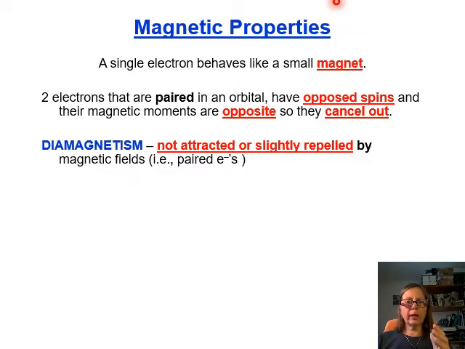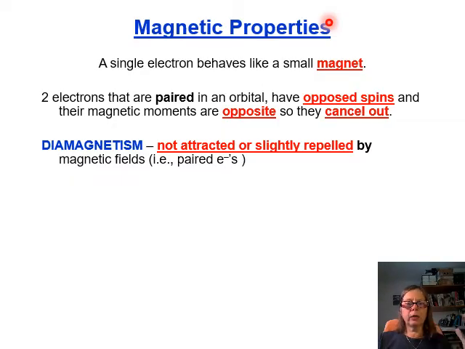Recall as well that we give electrons spin numbers and that an orbital can contain up to 2 electrons, but they have opposite spin numbers. In other words, the 2 electrons spin in opposite directions. Thus, the small magnetic fields that each electron generates in that same orbital actually cancel each other.